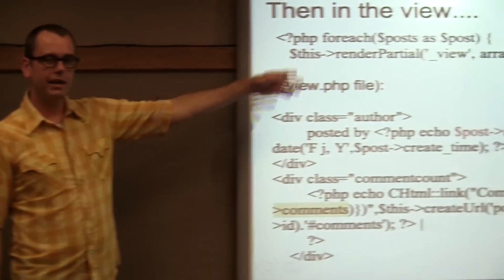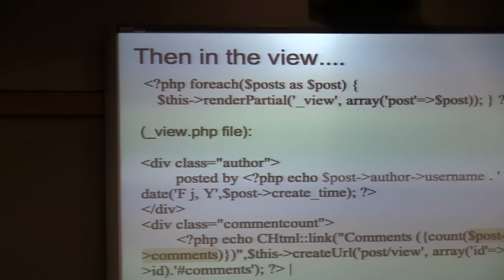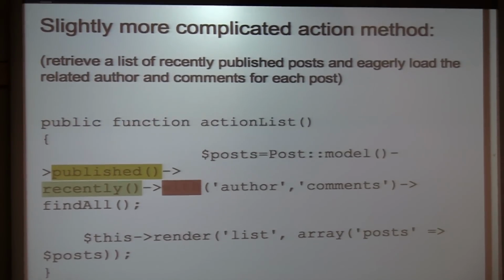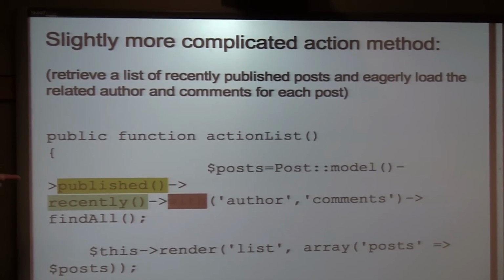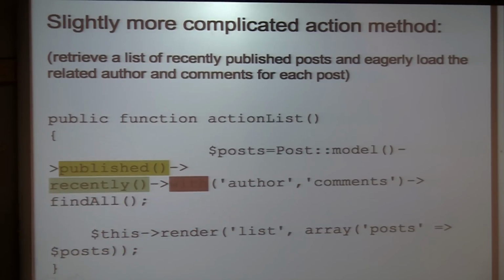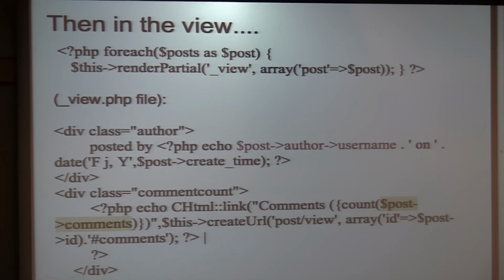So in my main list view, I've got this array of posts. I haven't just gone to find by primary key and expect one post back. I've said, give me my recently published ones, and I get back an array of AR records. I'm sending that whole array to the view, iterating over it, and rendering a partial view that renders just what I need for that particular piece.